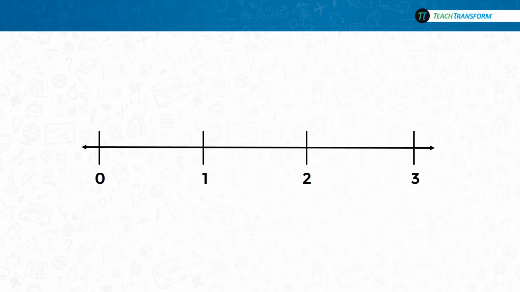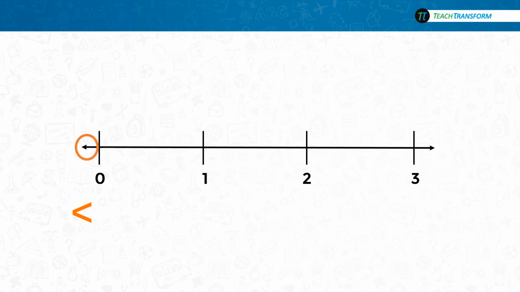Do you have trouble remembering which symbol to use? Lots of people have trouble remembering which symbol means less than and which symbol means greater than. I'm going to show you something that might make it easier for you to remember. Look at the ends of the number line. See the arrows? They look like the greater than and less than symbols, and they can tell you which symbol to use.